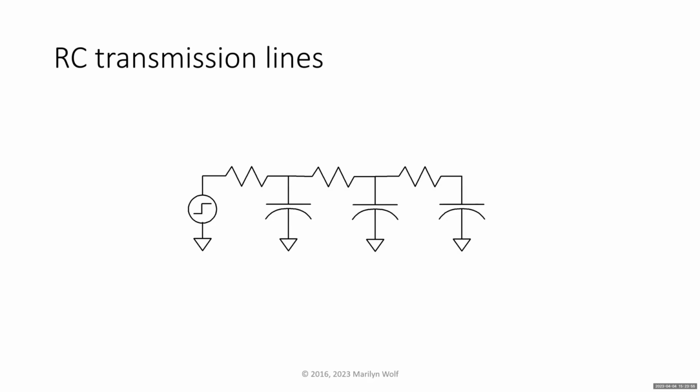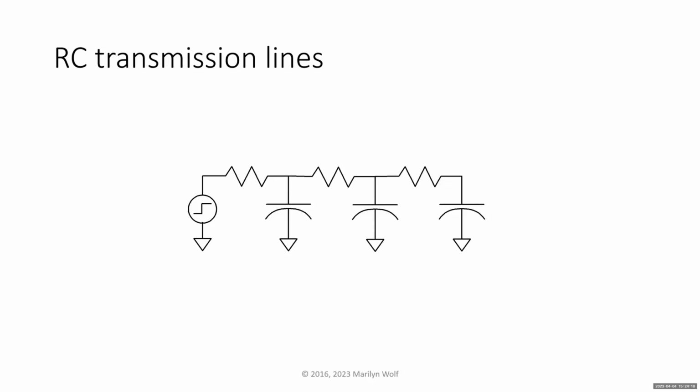That's how we analyze it, as a series of segments, in this case, RC segments. So we can measure the voltage at different points along this transmission line to better understand the delay and the quality of signal that we will eventually get at the far end.